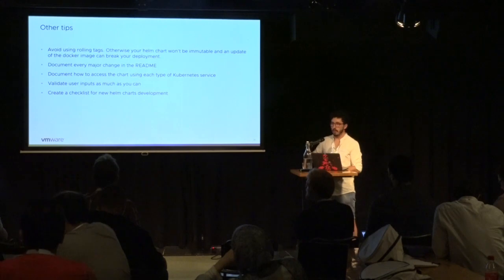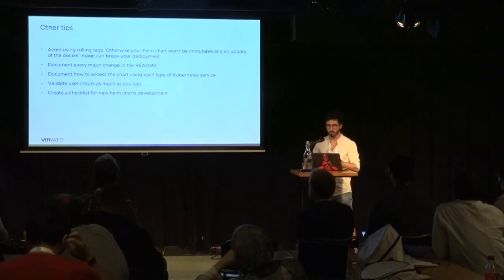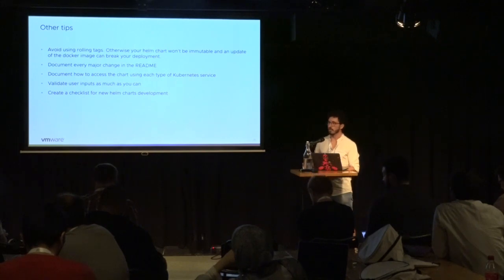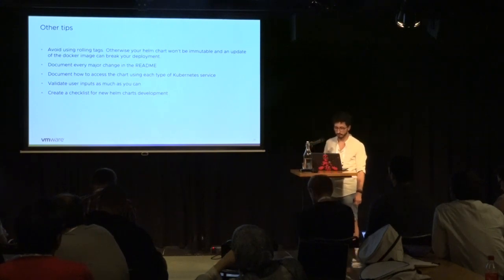And finally, if you plan to maintain several Helm charts, not only one or two, you are going to have a full catalog. Create a checklist, because it's going to help you with the consistency of all your Helm charts, and it will make maintaining them easier, because you can apply batch changes to all of them if all of them are consistent.